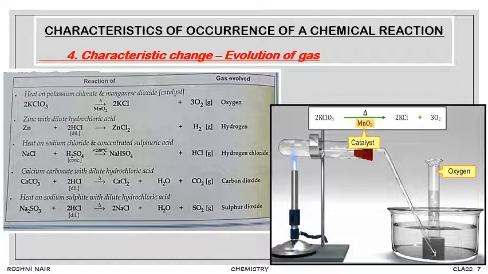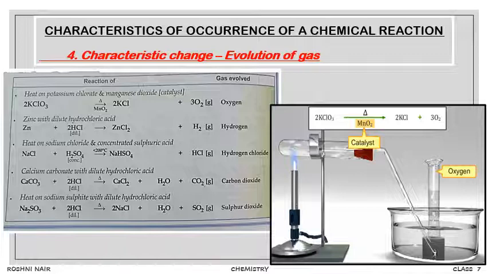Let us understand a few more examples for evolution of gas according to our textbook. It is mentioned, that is laboratory preparation of gases from substances applying the relevant condition. Laboratory preparation for us to understand, right?